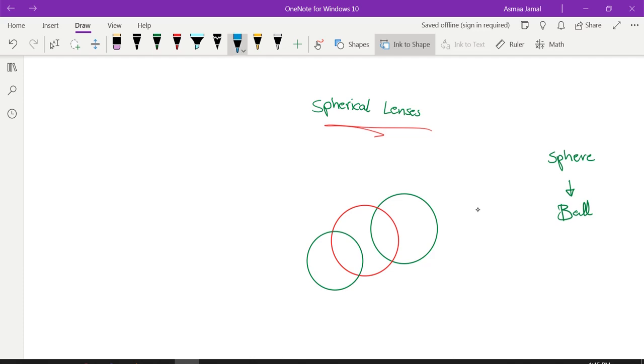Each one of those three is a sphere. If we cut this area like that, the result will be this lens, and if we cut this area like this, we will have this lens.